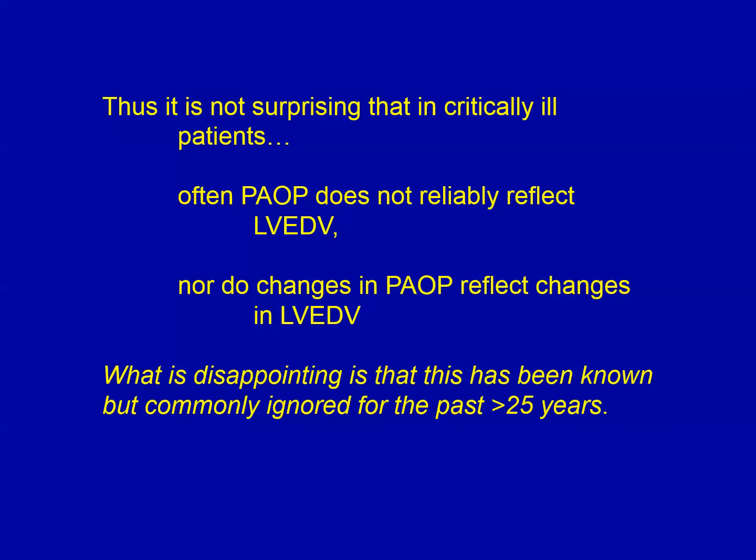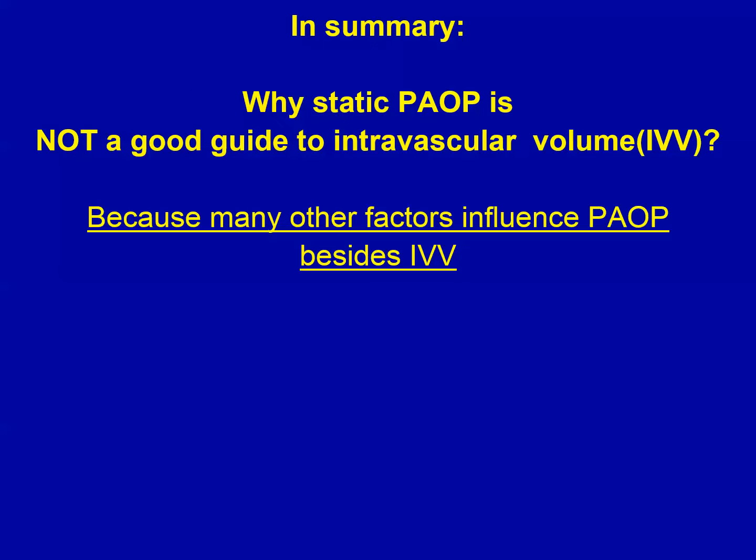Thus, it should not be surprising to you that in critically ill patients, often the pulmonary artery occlusion pressure does not reliably reflect left ventricular end diastolic volume, nor do changes in pulmonary artery occlusion pressure reliably reflect changes in left ventricular end diastolic volume. What is disappointing is that this has been known but commonly ignored for the last 25 years.